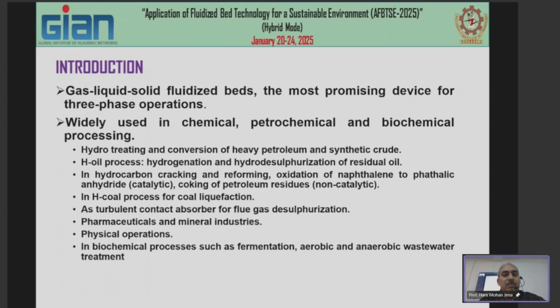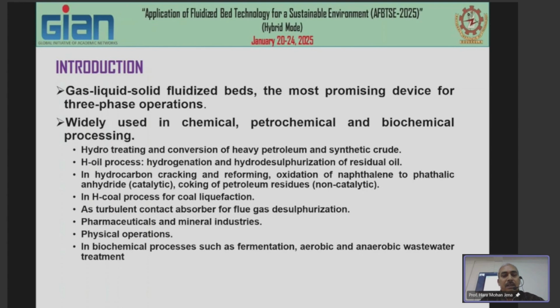A few of the examples are the hydrotreating and conversion of heavy petroleum and synthetic crude, the H-oil process, that is hydrogenation and hydrodesulfurization of residual oil, hydrocarbon cracking and reforming, oxidation of naphthalene to phthalic anhydride, that is a catalytic one, and fluid catalytic cracking, FCC, which is common in petroleum industries, that is a catalytic type.